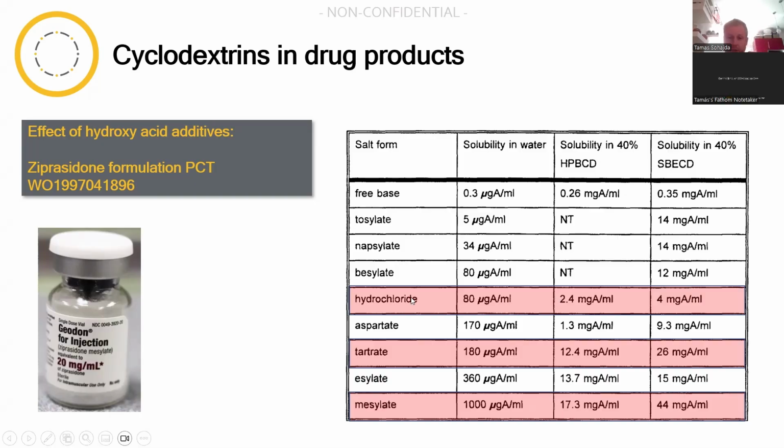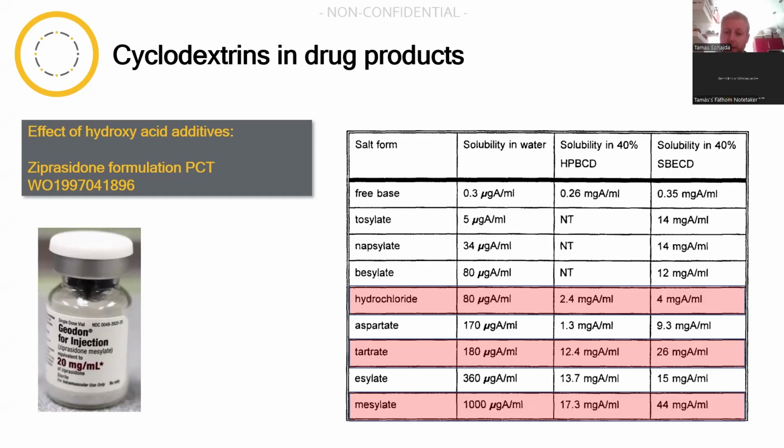So here you can see just an example: the hydrochloride salt from 80 microgram we brought to 2.4 milligrams. The tartrate had double solubility, more or less, as the hydrochloride, but here there is a five-fold solubility difference already, or with the sulfobutyl there is already a six-fold solubility improvement. So it does matter what kind of salt form you pick for the active ingredient.